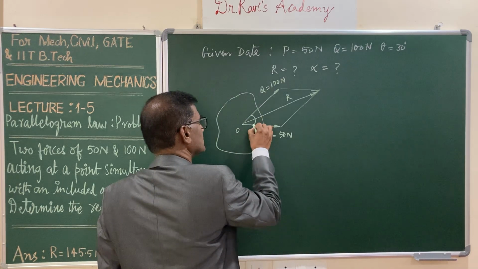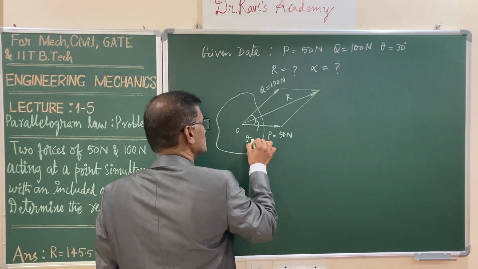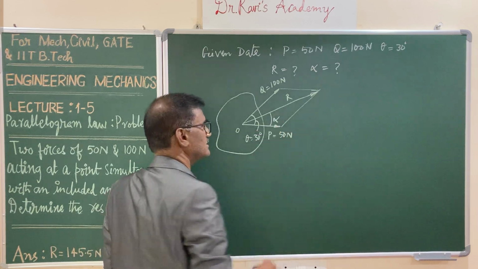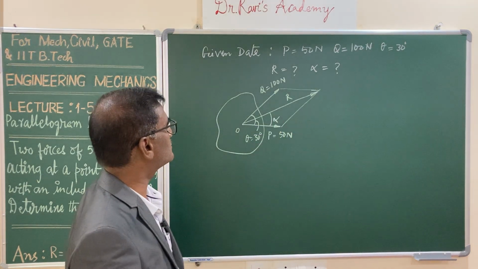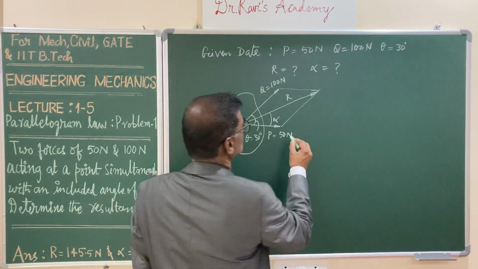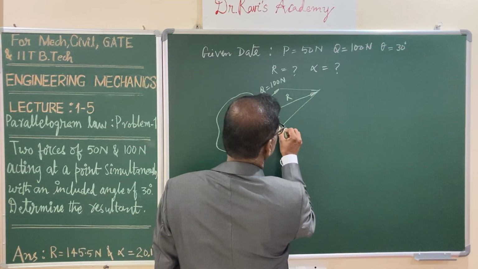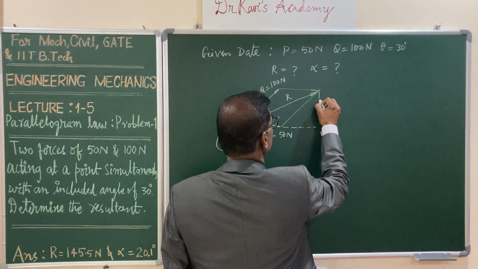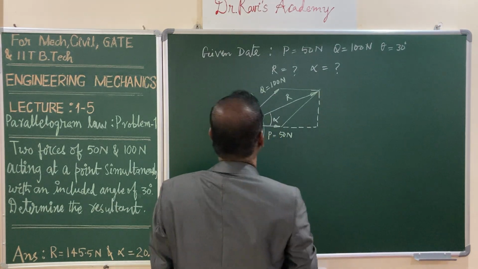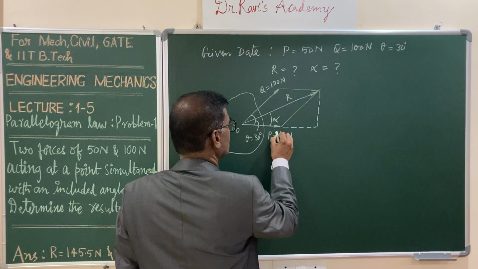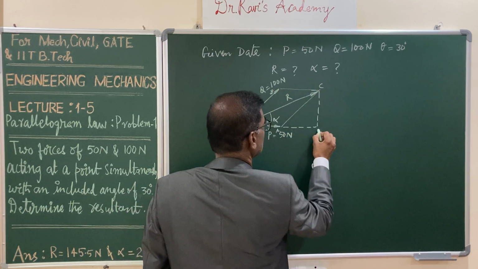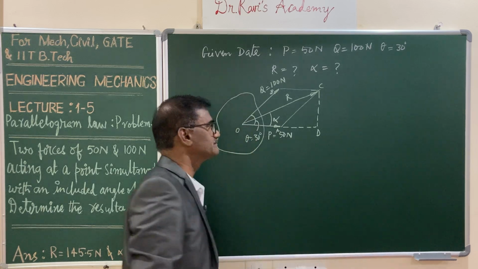The included angle is given, this is theta. So theta is equal to 30 degrees, and alpha, let us say, is the angle of inclination with respect to force P. To determine this, let us extend the line of action of force P and erect a vertical, and let us label the points OA, OB, OC and of course OD.